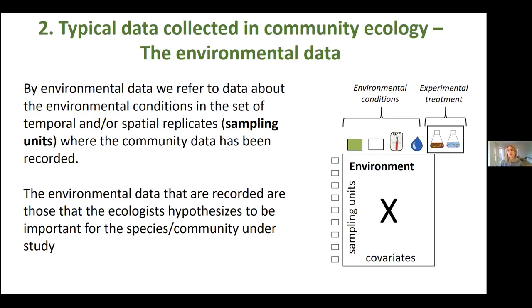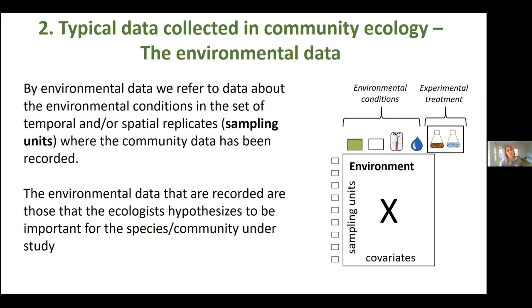If we are recording non-manipulative observational data, this can be, for example, the habitat type, some climatic conditions, and so on. And if we are working with experimental data, this is also the data matrix to include our experimental treatment. The environmental data, as you may have realized, can be continuous or categorical.